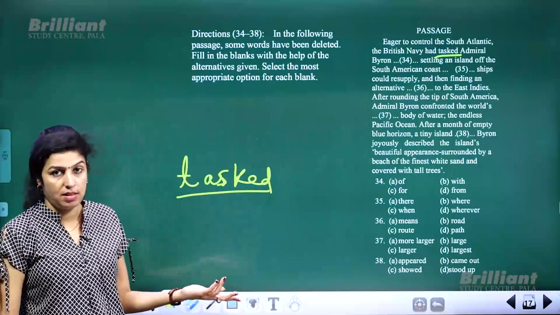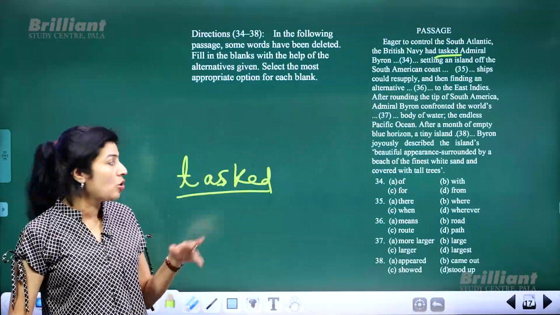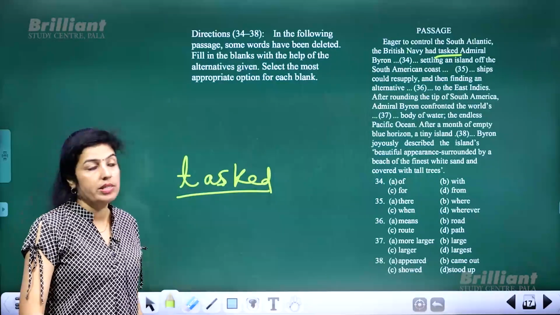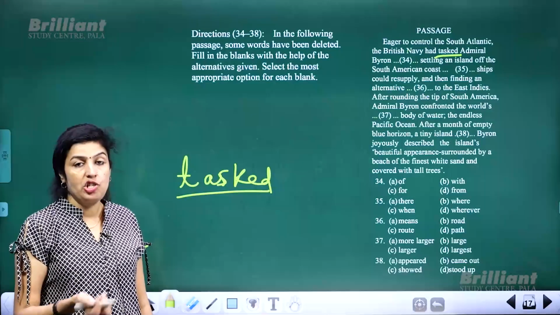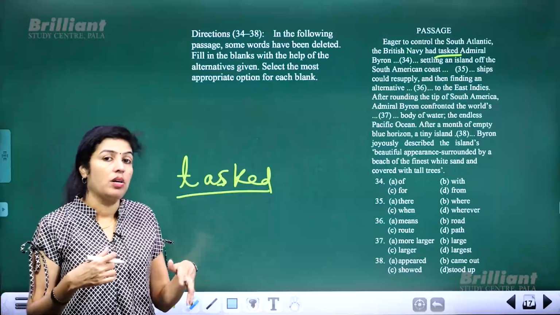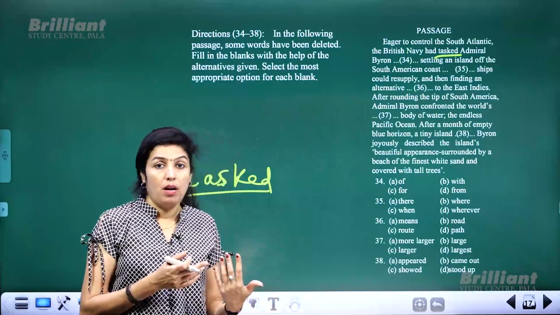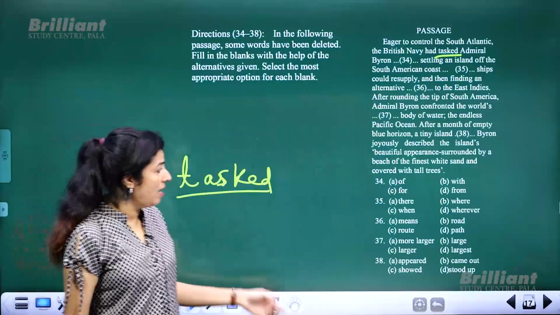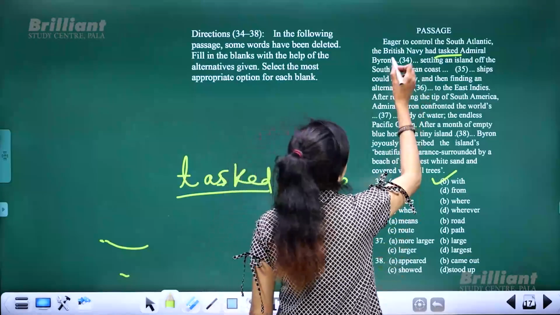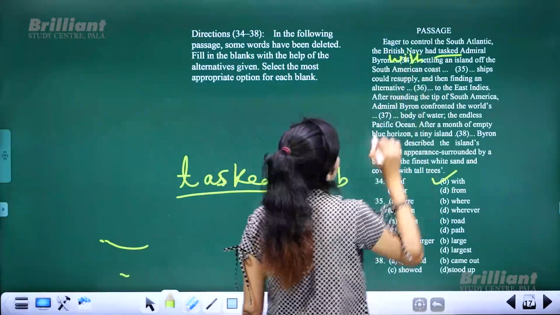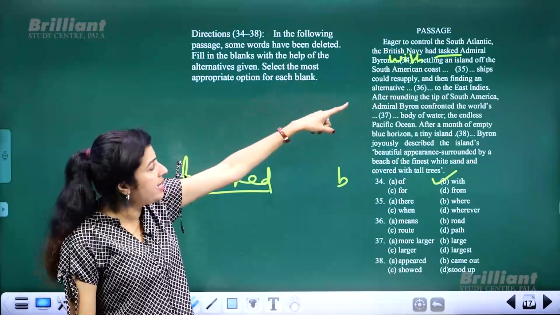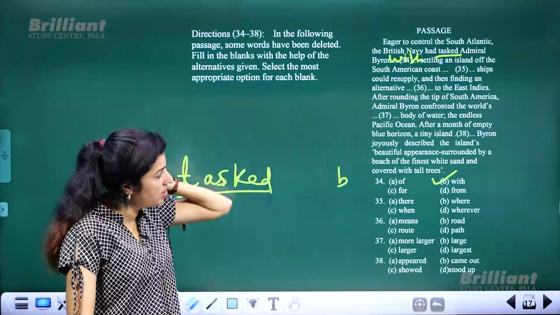With the word tasked, a preposition is used, just like accused of, charged with, abstain or exempted from. Likewise, with tasked, it's always with. So here it should be with. It is not asked but tasked. Tasked Admiral Byron with settling an island off the South American coast.